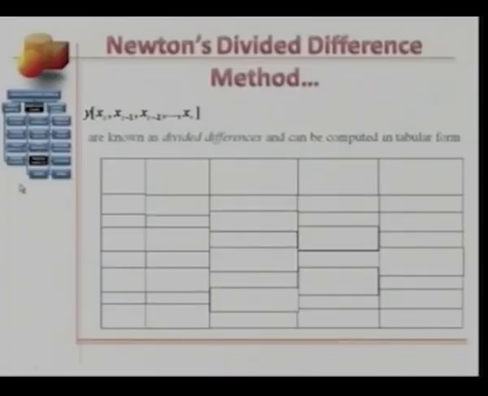Let's revisit this method. Okay, but first, y[xs, x(s+1), x(s+2) up till xr] are known as divided differences. They are the coefficients.